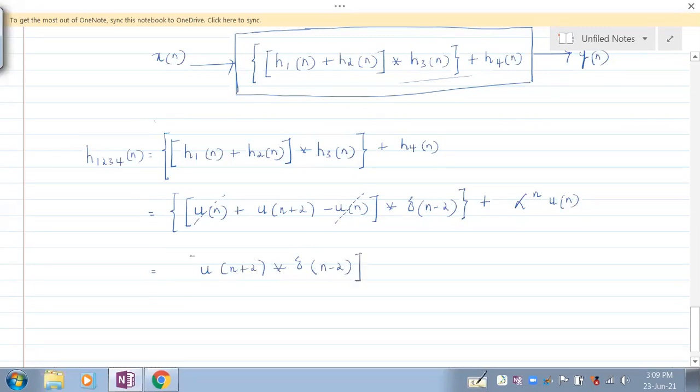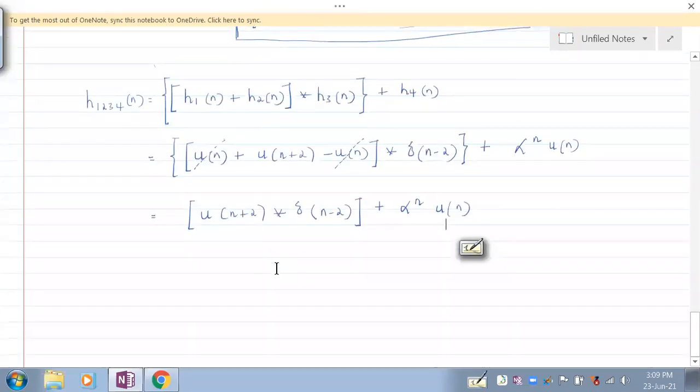So what is this part going to be? One needs to think. Anybody would like to answer that? Which property is this? Shifting property.